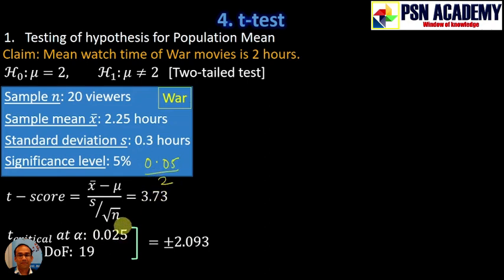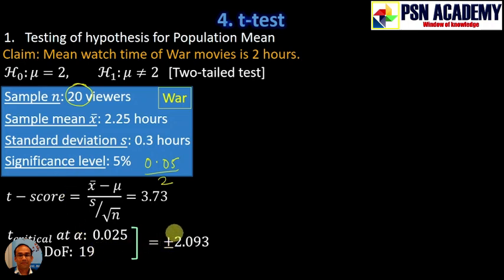So 0.025 for the left tail and another 0.025 for the right tail. So we find out the critical value at alpha equal to 0.025, not 0.05. And with the degrees of freedom as 19, because we have 20 as the sample size, so it is n minus 1, which is 19.